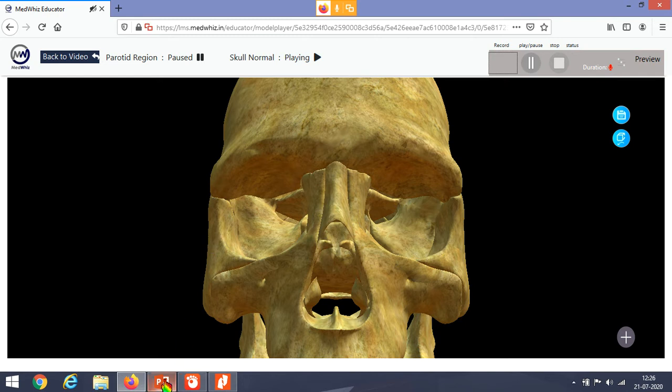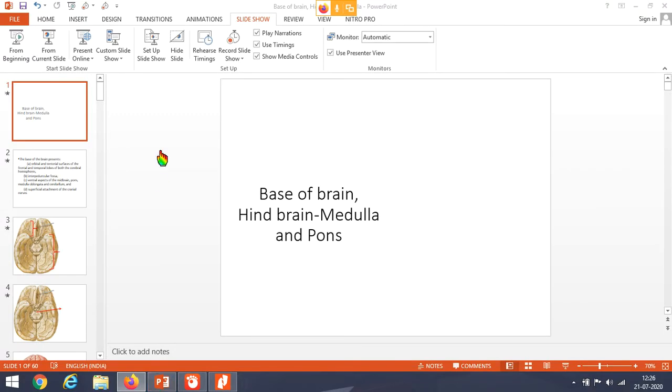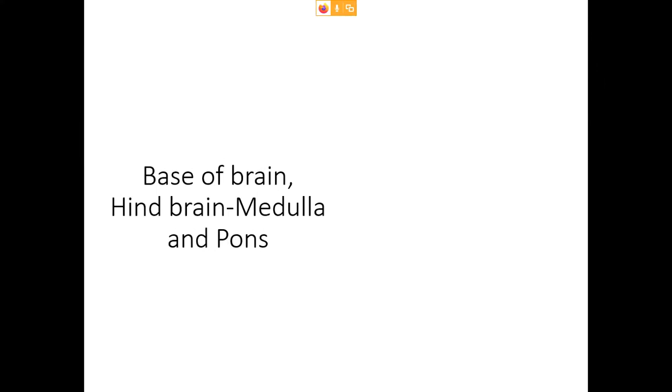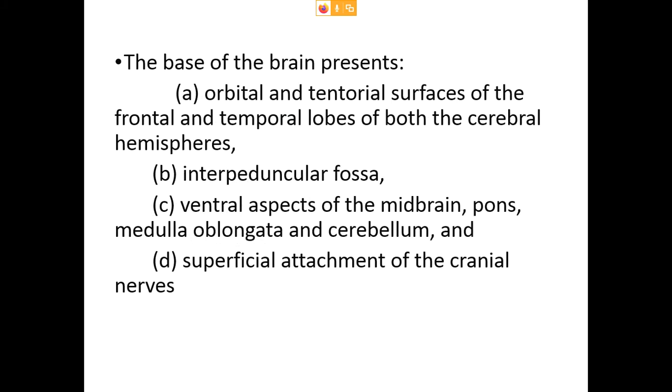Okay, so just moving to the inferior surface of cerebrum or the base of the brain. What are the main things you can identify? Behind the cerebrum, we can identify the midbrain, then you can see the pons as well as the medulla oblongata. Then coming to the base of the brain, what are the structures we can identify?